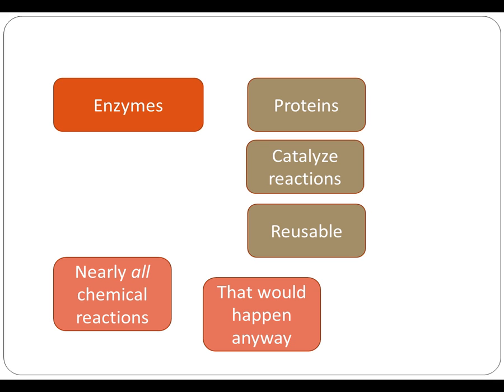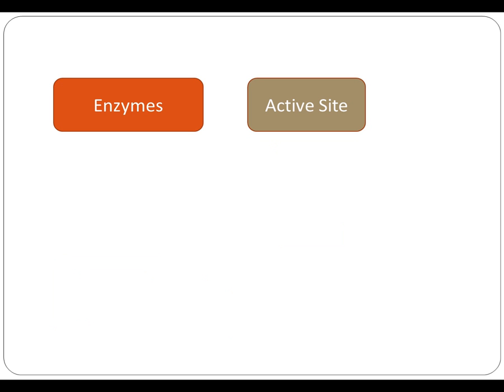If we look at them in a little more detail, the way that they work is they express a region called the active site. And that name is pretty descriptive. This must be where it's active, where it's going to do the work. It's going to do the chemical reaction.